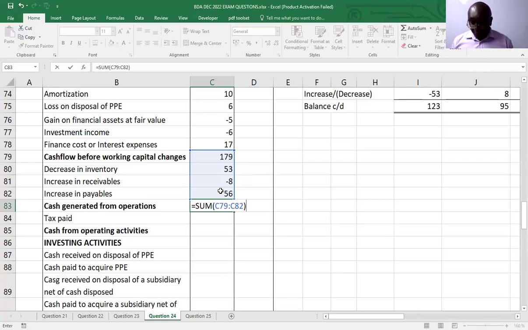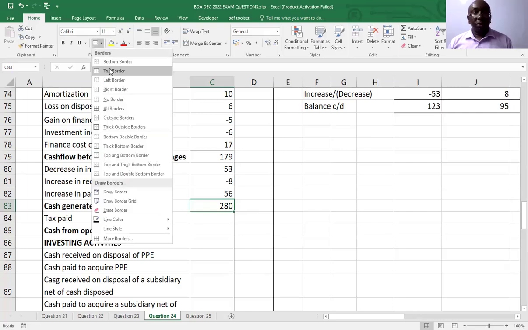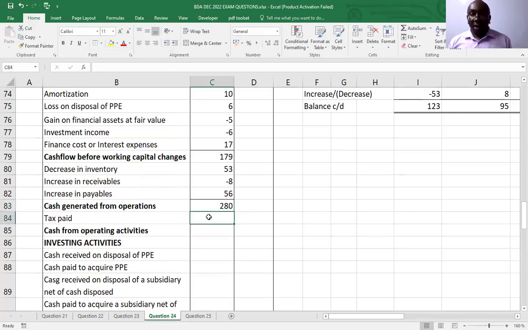Yeah, 280, good. So this one, you can give it a top border. Higher, good. Let's now go and have a working for the tax paid.